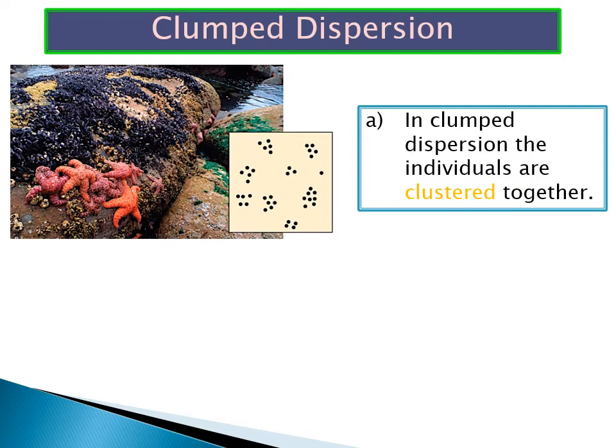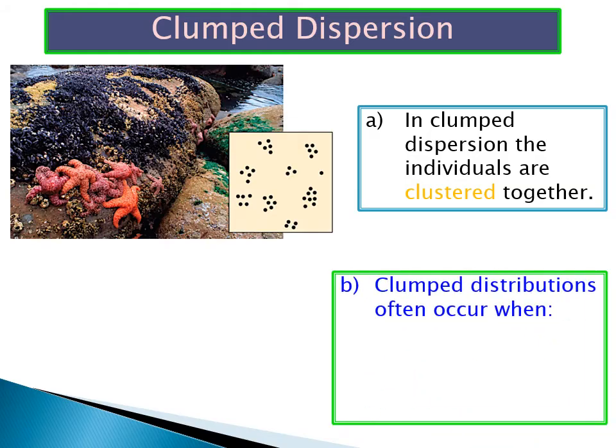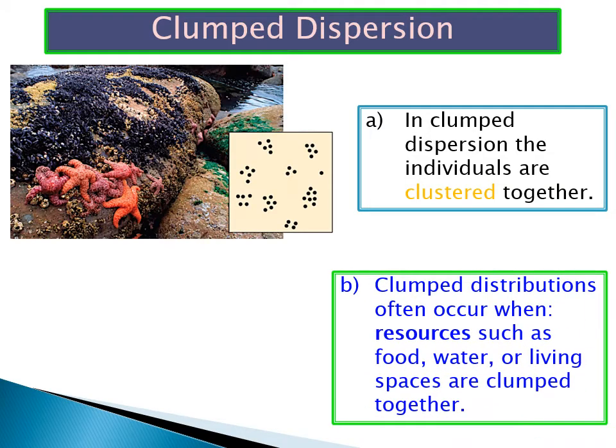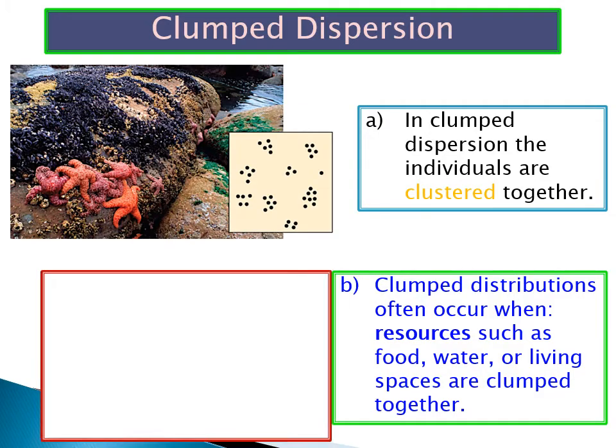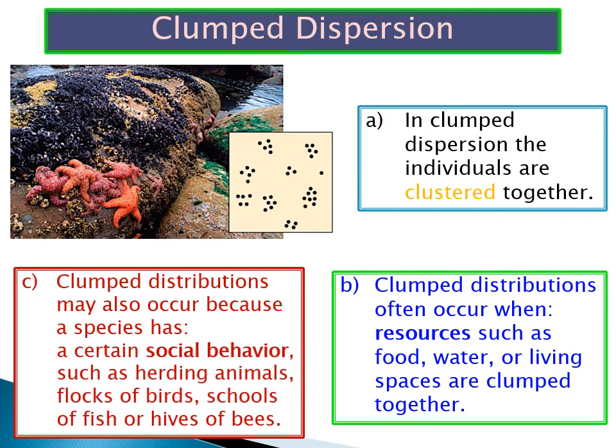Going into clumped dispersion, the individuals are clustered together, hence clumped. It occurs when resources such as food, water, and living spaces are clumped together. They're trying to get their resources. Clumped distributions may also occur because a species has a certain social behavior.